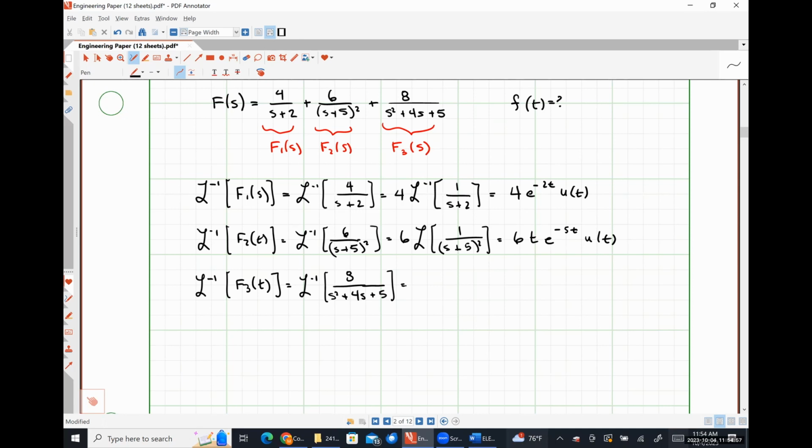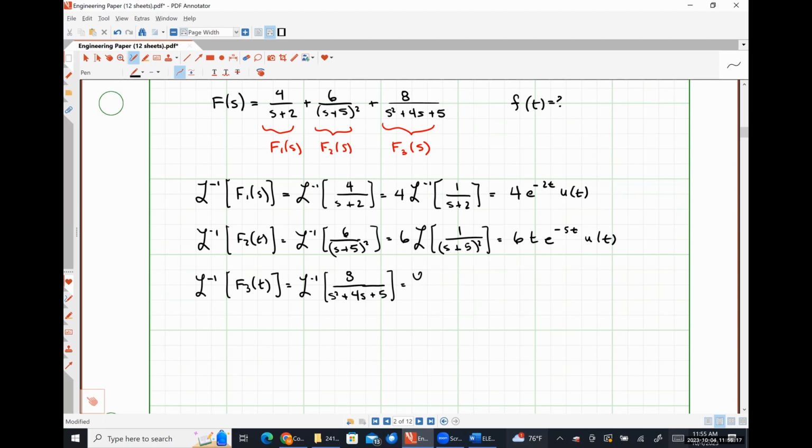But s squared plus 4s plus 5 is really close to s squared plus 4s plus 4 plus 1. And s squared plus 4s plus 4 is something that we can factor and make it look like something we know how to do, right?